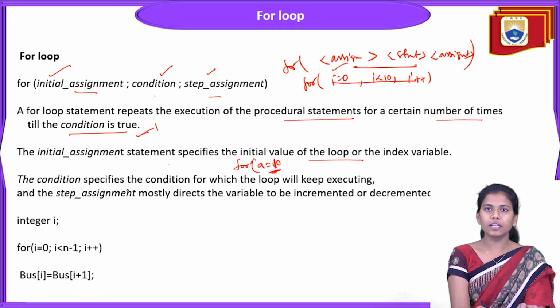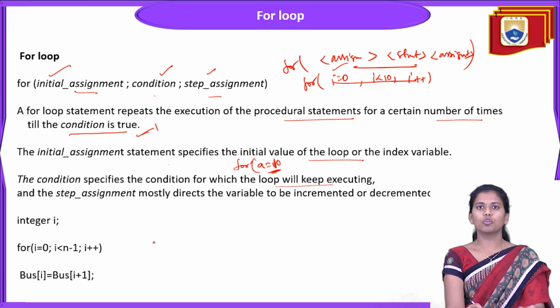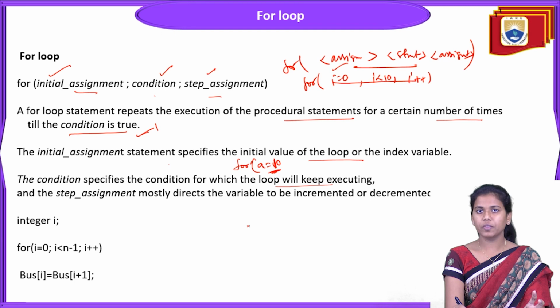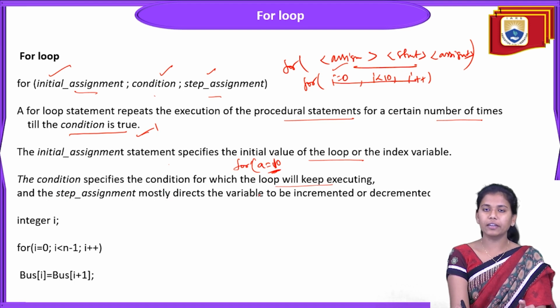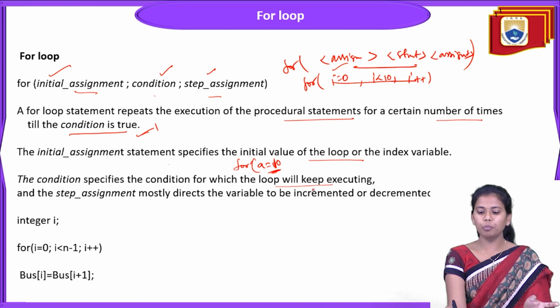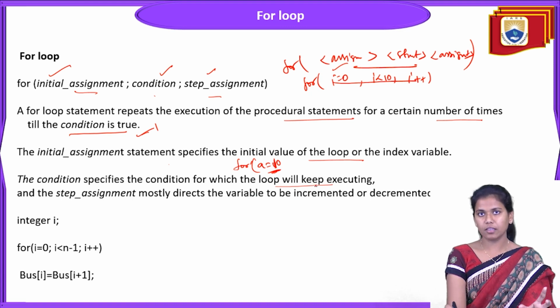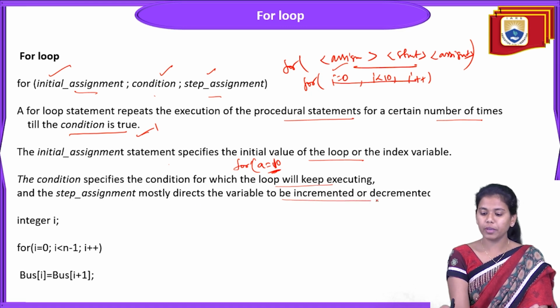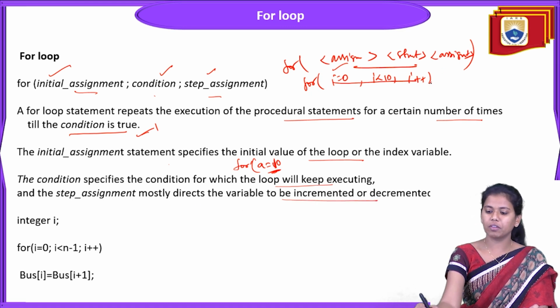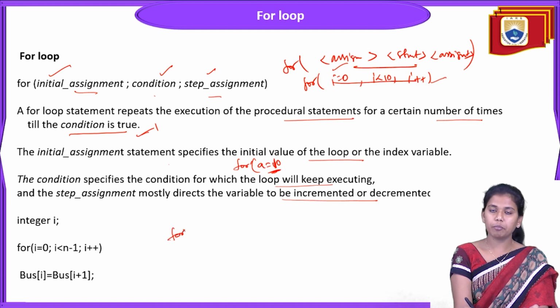And then the condition specifies the condition for which the loop will keep executing. And the step assignment directs a variable to be incremented or decremented. That is what I have given here in the example, right? That is a step assignment.